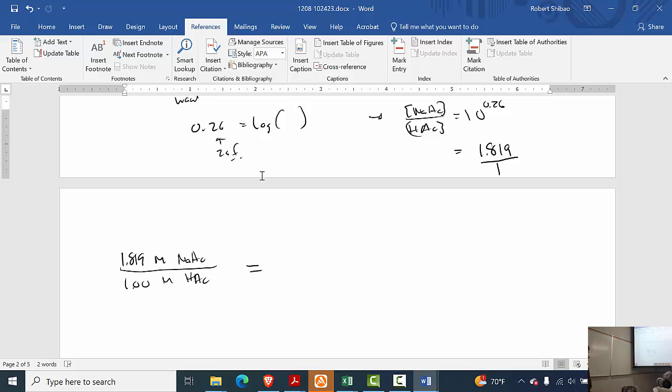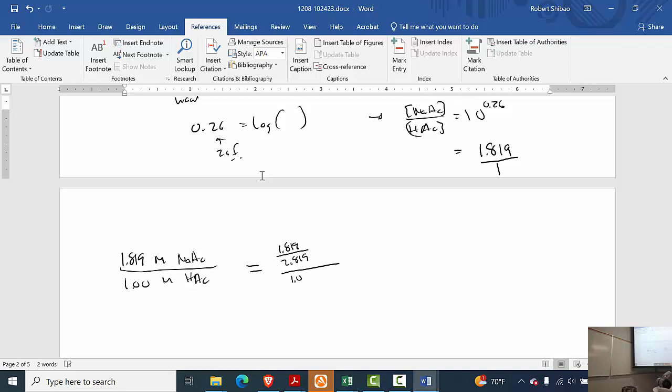And so what I'm going to do is rearrange it. This is 1.819 parts of product out of a total of 2.819. Where did the 2.819 come from? That comes from this.